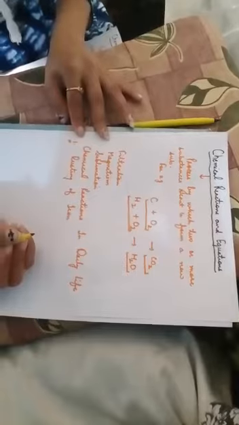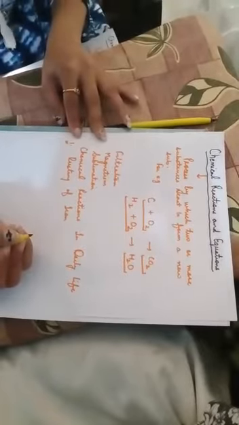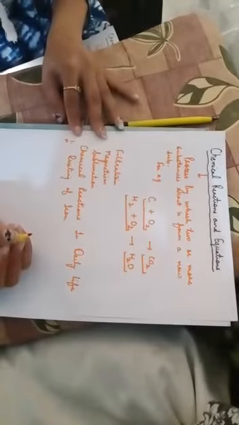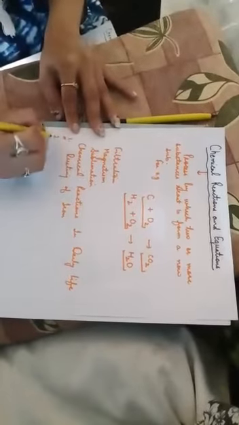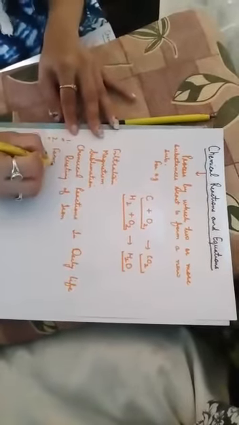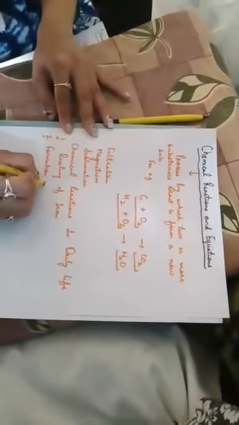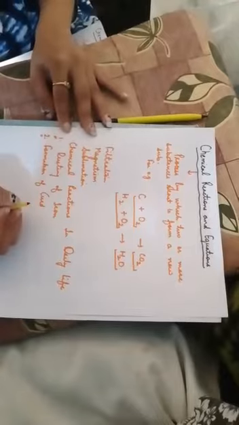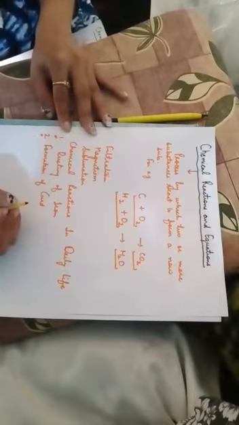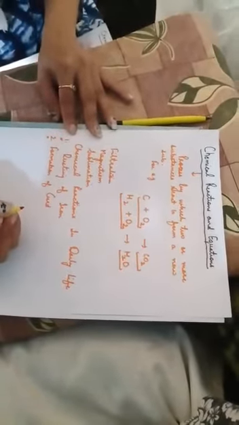Now, what is rust? Rust is a brown colored patch formed on iron due to exposure to oxygen, carbon dioxide, and moisture. The second example is the formation of curd. Curd is formed with the help of lactobacillus bacteria. This is also another example of a chemical reaction.